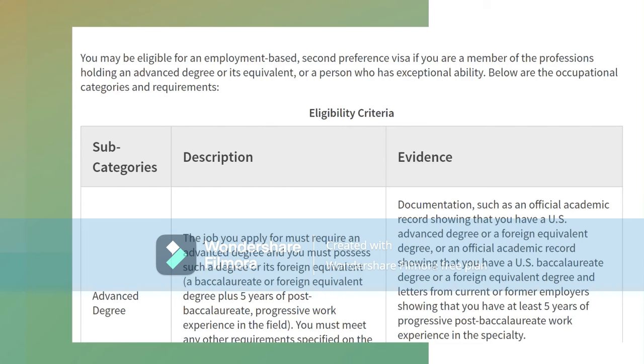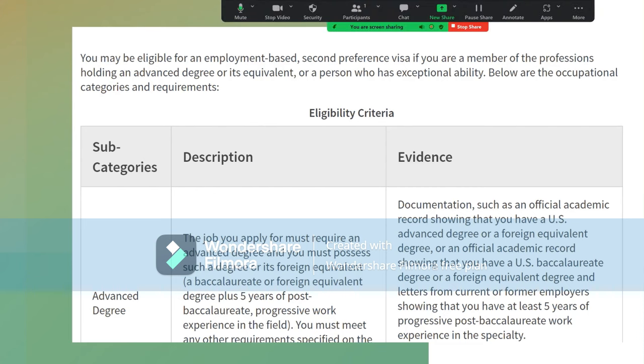You can also apply with a foreign equivalent plus 5 years of post-study progressive work experience in the field. You must meet any other requirements specified here. So now, let's look at any other requirements.